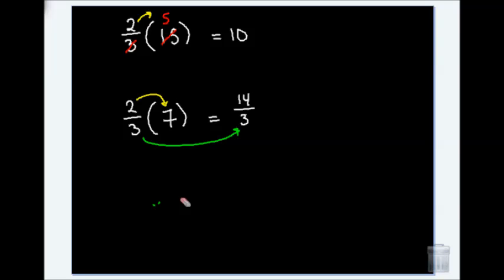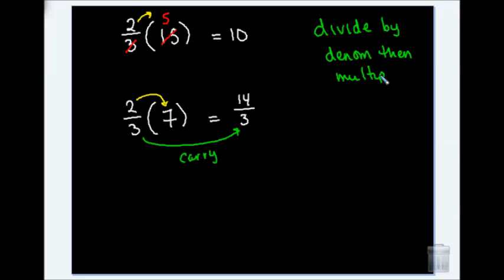So how does it equal 10? Because there's a, I don't understand that. Numerators are multiplication. 2 times 5 is 10. So you divide by the denominator and then multiply by the numerator. That's for this first one.